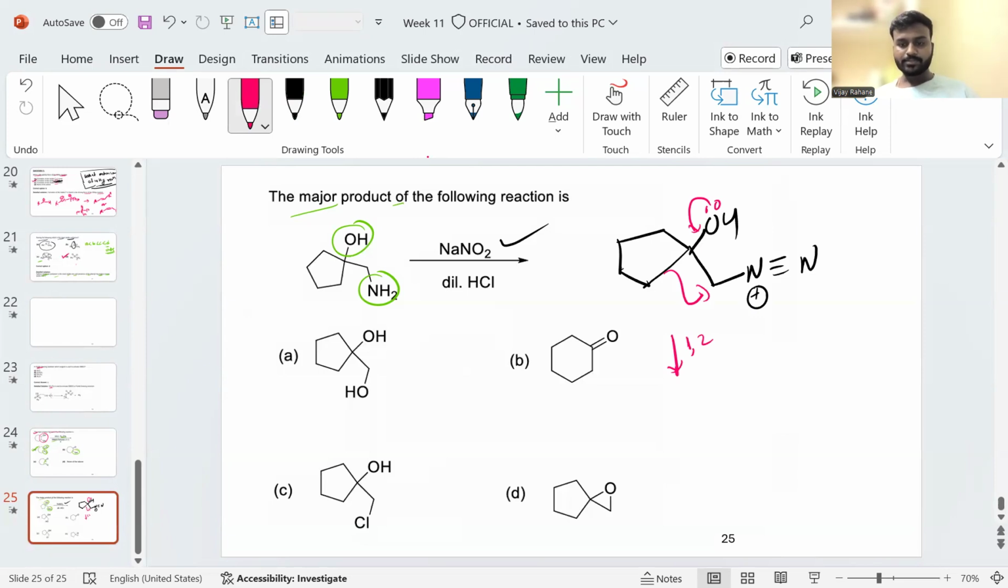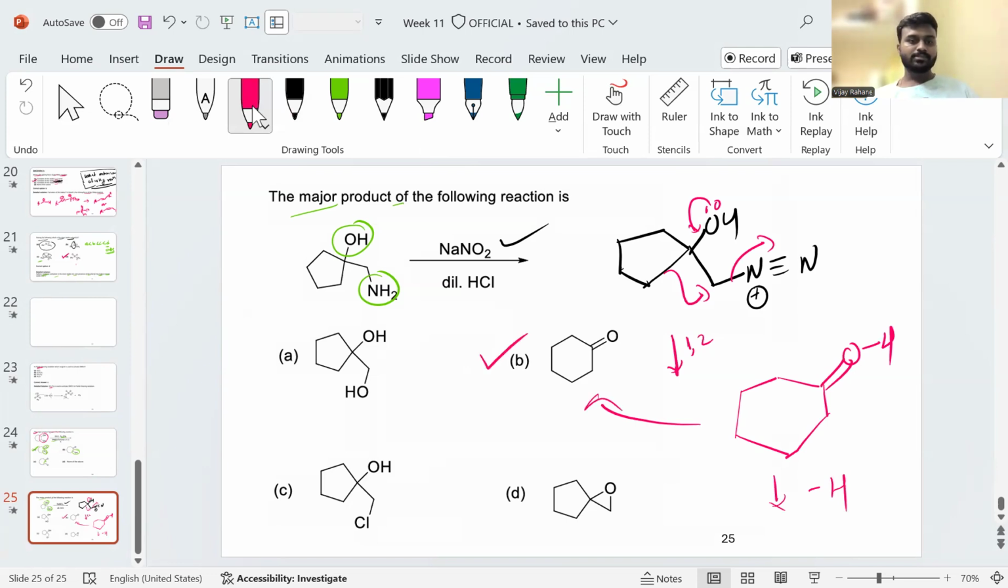So ring opening takes place, and this will now be O plus, a six-membered ring, and this N2 is now eliminated. This is how we get the product, followed by loss of a proton. So it leads to the formation of option B.